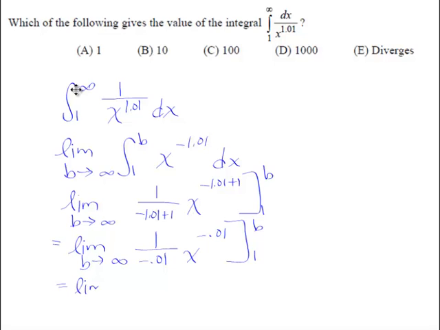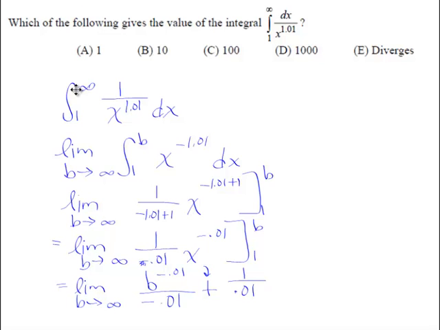So we'll have the limit as b approaches infinity of b to the negative 0.01 over negative 0.01 minus negative 1 over positive 0.01. I used this negative here to make that positive. Hopefully you can see that.